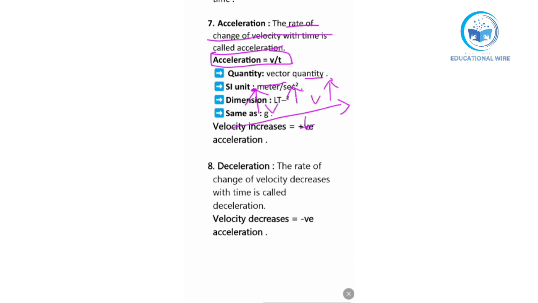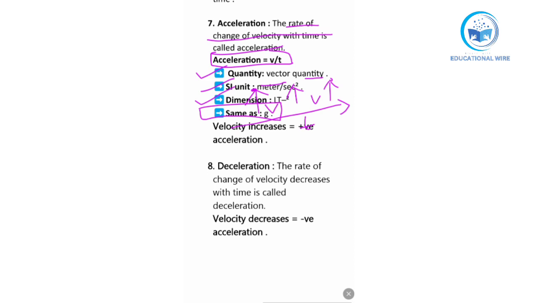It also gives us a direction, so we can say it's a vector quantity. The SI unit is meter per second square, because the velocity is meter per second and time is also second, so we have meter per second square. The dimension is L T power minus 2, and it's the same as gravitation.